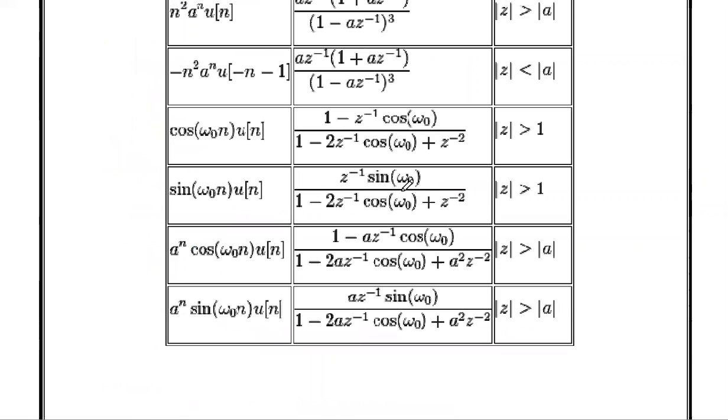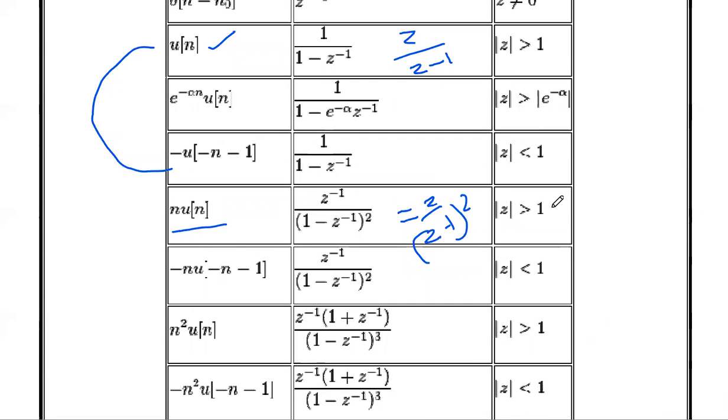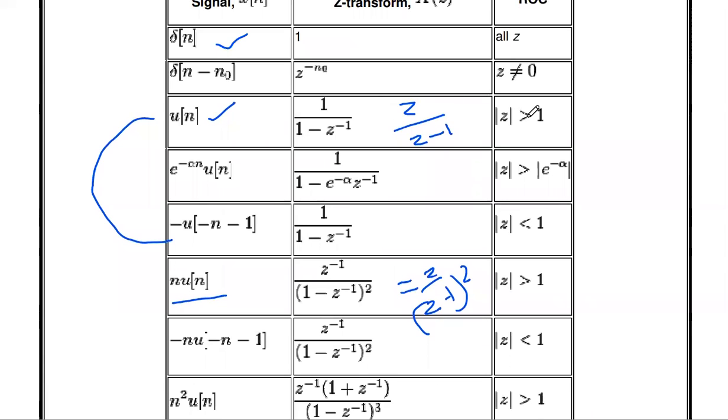Okay, so you see this table also. Cos omega naught n u of n, sin omega naught n u of n. If you are multiplying by u of n, this is a causal sequence. You see all ROC values are greater than some value. Similarly, for u of n and n into u of n, modulus of Z greater than 1. For a causal sequence, the ROC is the exterior part of the circle, that is modulus of Z greater than some modulus of a value.